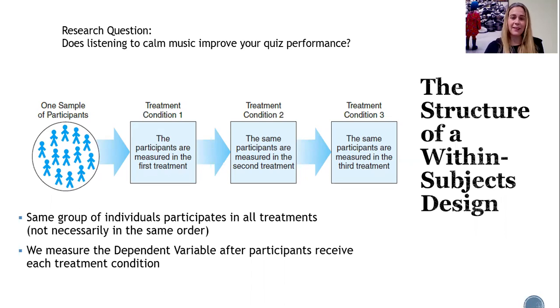The confound is if their experience from one condition somehow carries over and impacts their performance when experiencing the other condition. We wouldn't know whether differences between groups on the dependent variable were due to the differences between conditions or possible carryover from experiencing those other conditions.